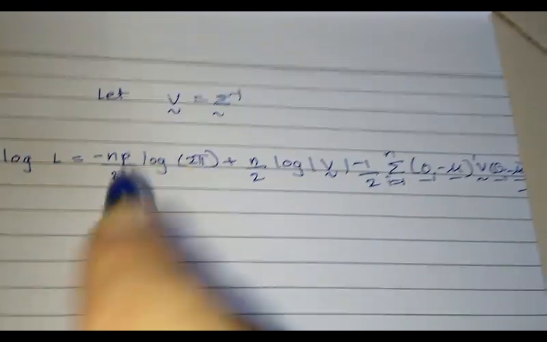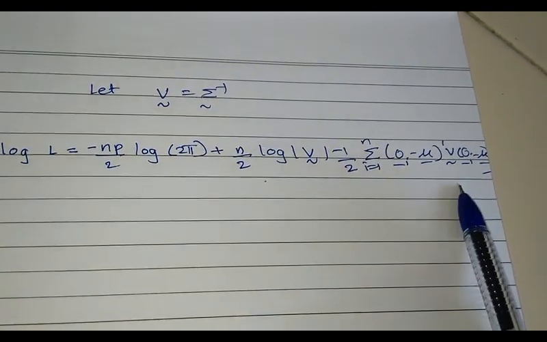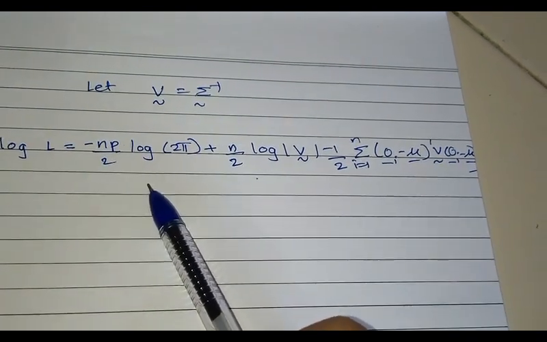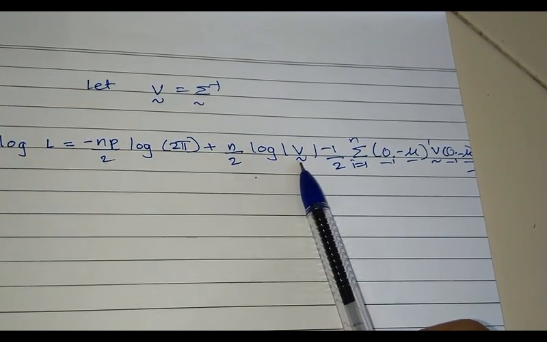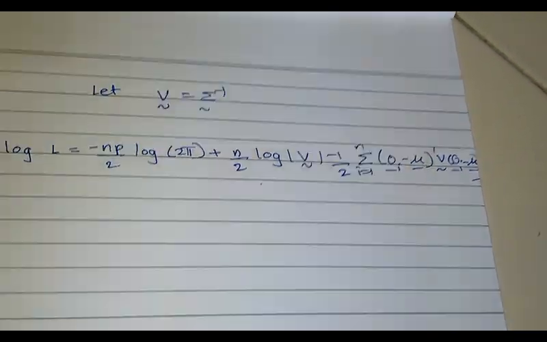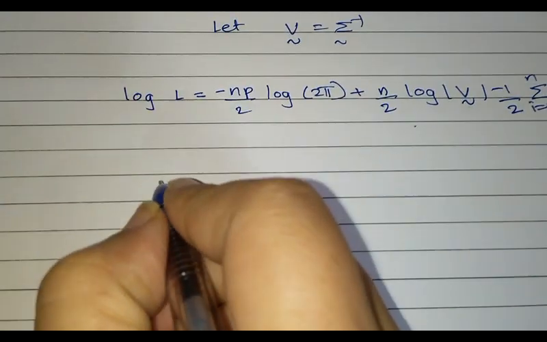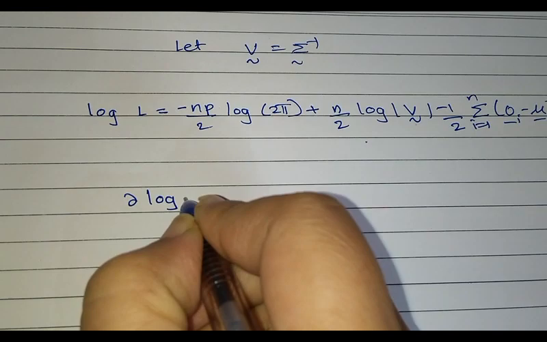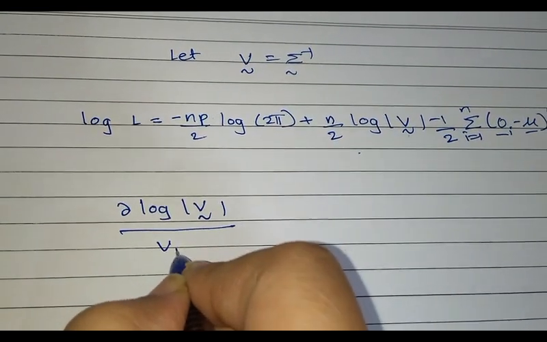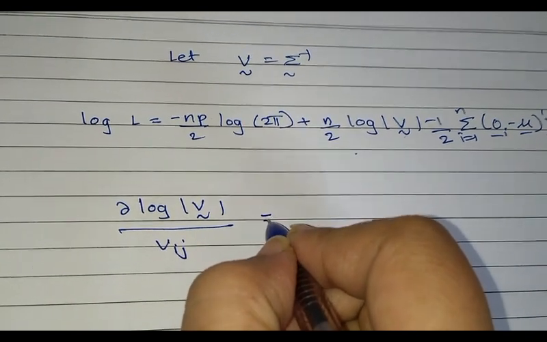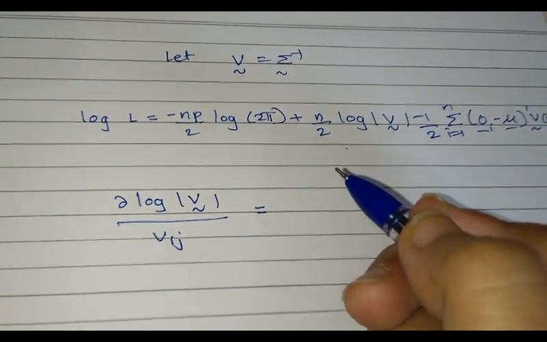So now V is involved in the second term as well as in the third term. First term anyway is not going to contribute. So we have to differentiate log of determinant of V with respect to V_ij and this term also with respect to V_ij. So let me first start by considering log of determinant of V with respect to the ijth component of V. So how can I do this?